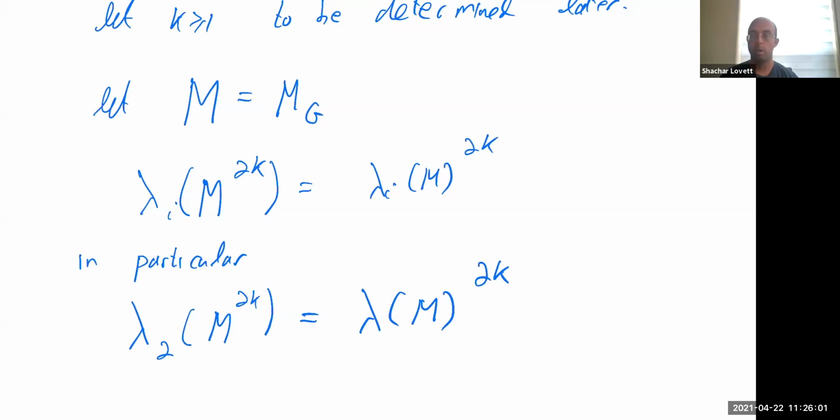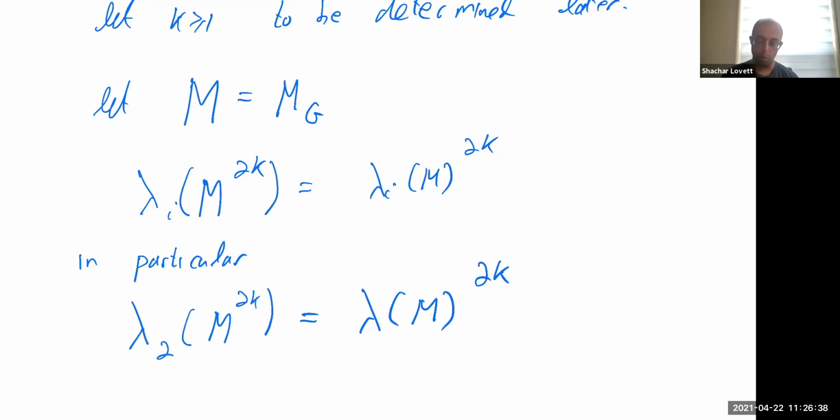We already said that adjacency matrices, because they're symmetric and real, have all eigenvalues real. So taking a real number to an even power gives a non-negative number. So now I've already killed all the negative eigenvalues of M to the power 2K, and I only have positive ones. So the largest one that is smaller than lambda 1 is lambda 2, even in absolute value. So the second eigenvalue of M to the 2K equals lambda of M to the power 2K, but we don't know if it came from a positive one or a negative one, which is why we cannot prove a bound on lambda 2 of M, but just on lambda of M.